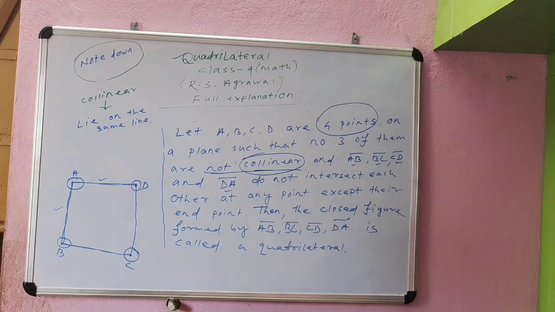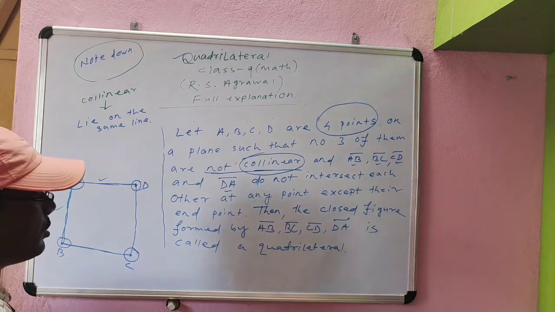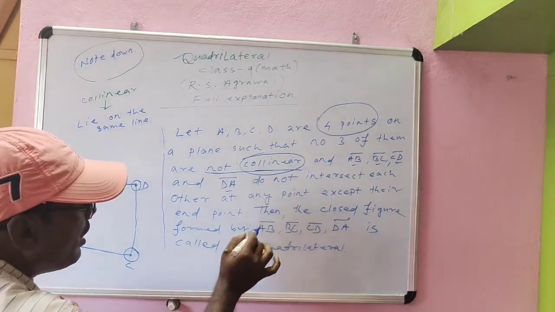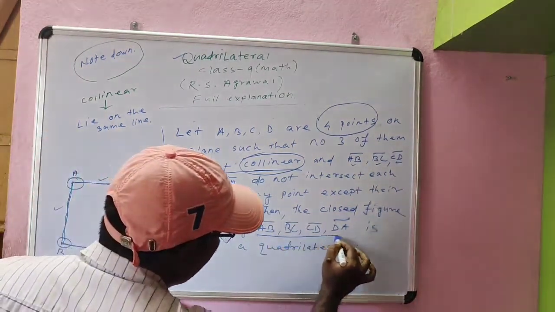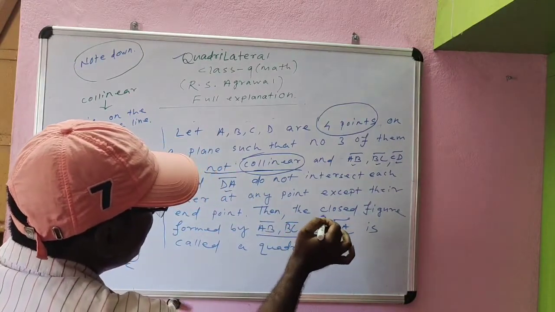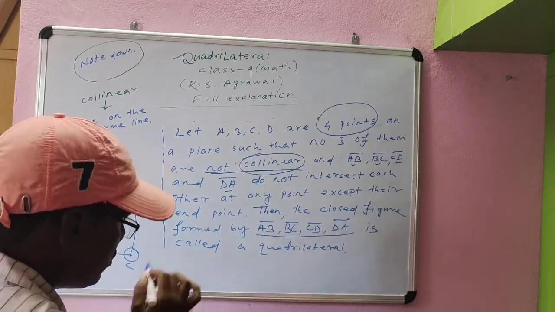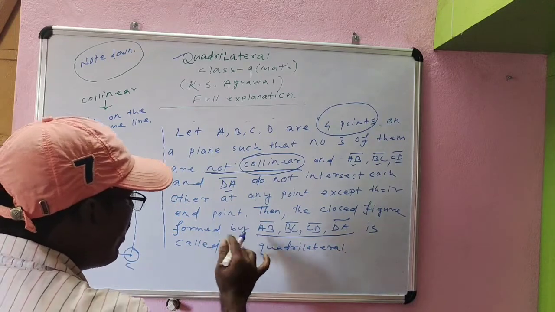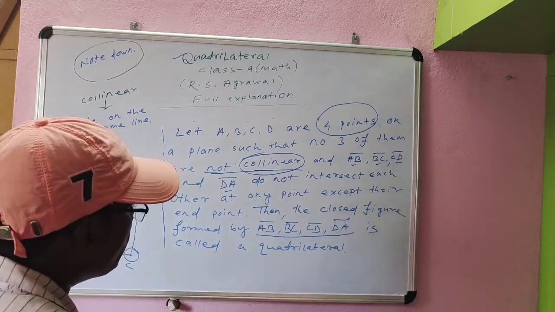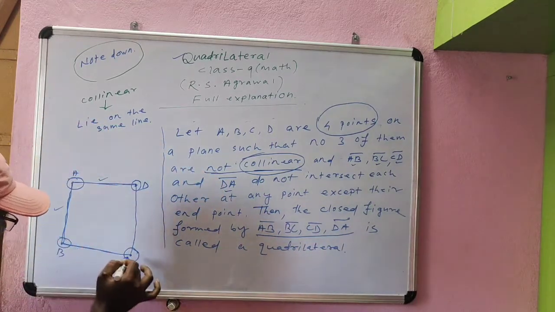Then the closed figure formed by these 4 line segments, AB, BC, CD and DA, is called a quadrilateral. So it is a quadrilateral.